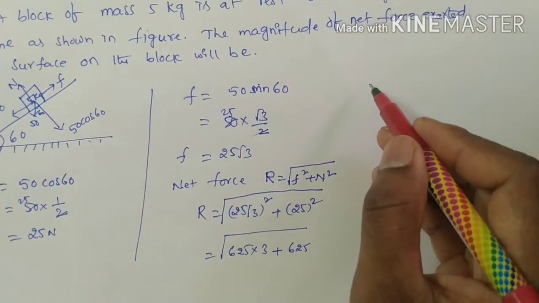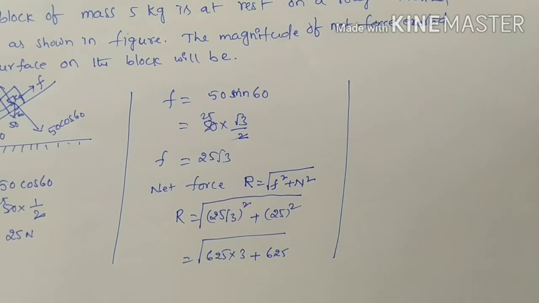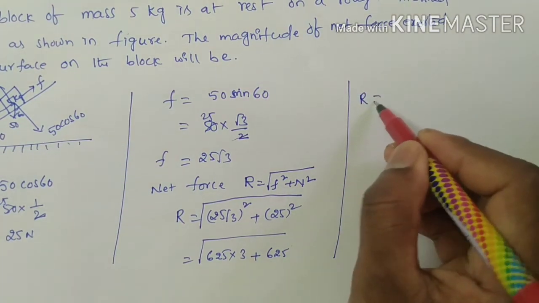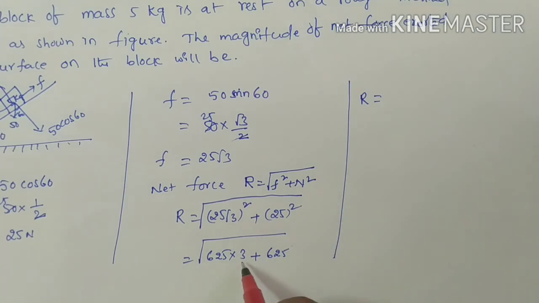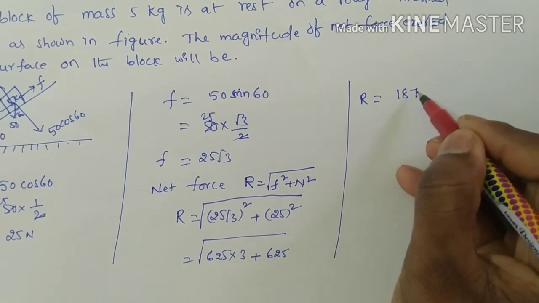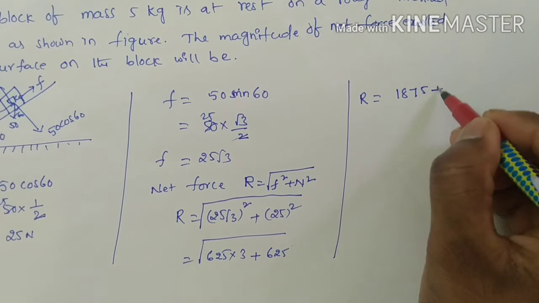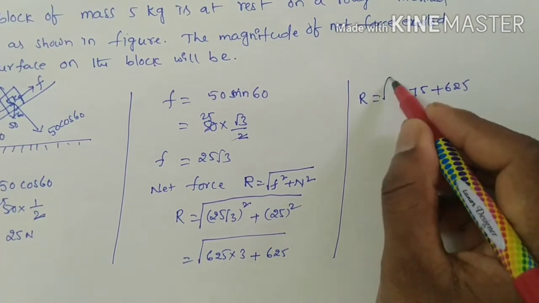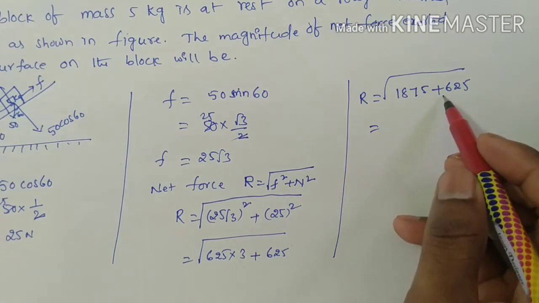So now the resultant force, or net force, R is equal to root of 625 into 3, that is equal to 1875, plus 625.